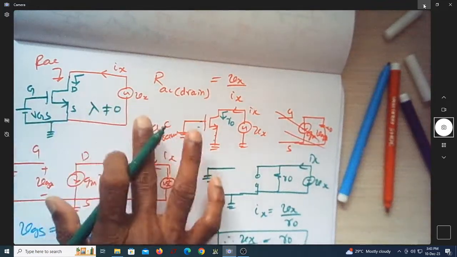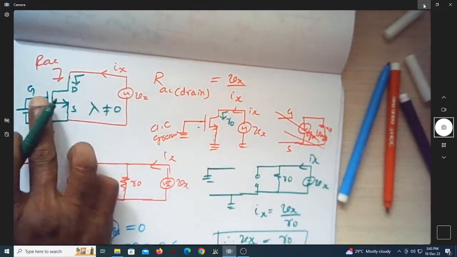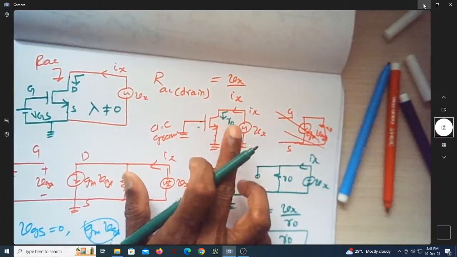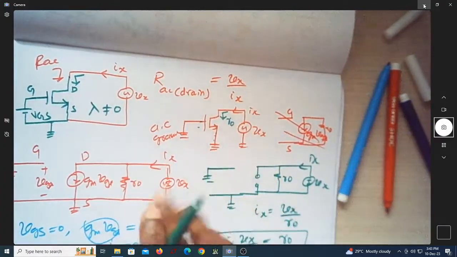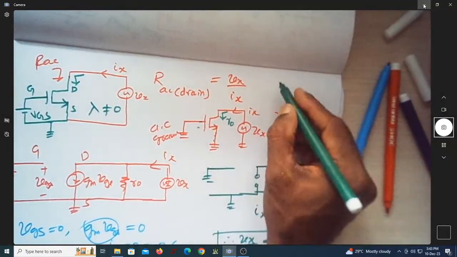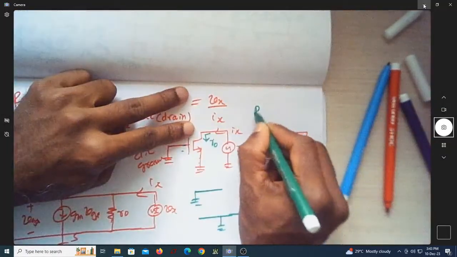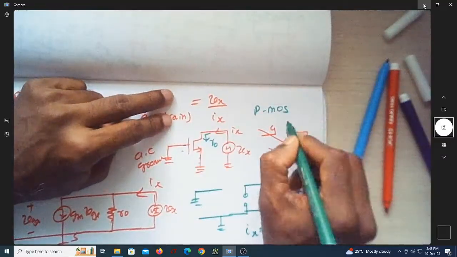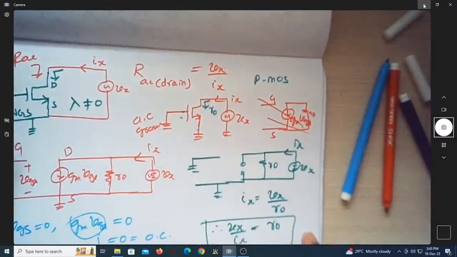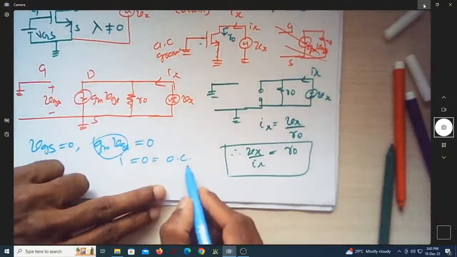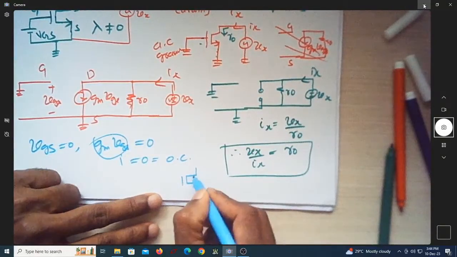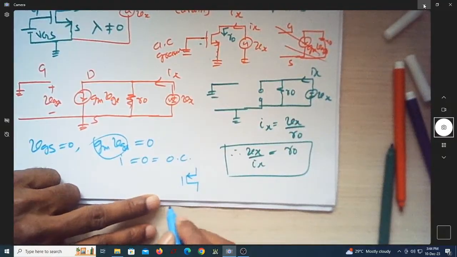Of course, we took an NMOS transistor and analyzed that. It is equal to R0 looking towards the drain. This is true for PMOS also. Let me consider this PMOS transistor with the source here.